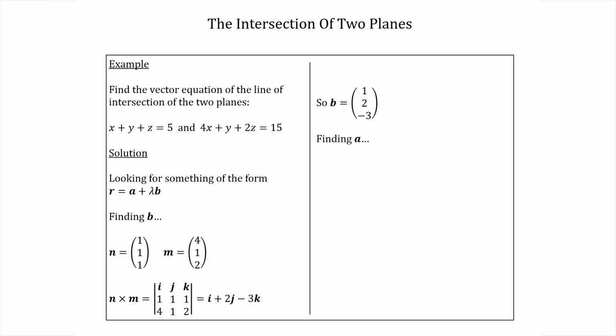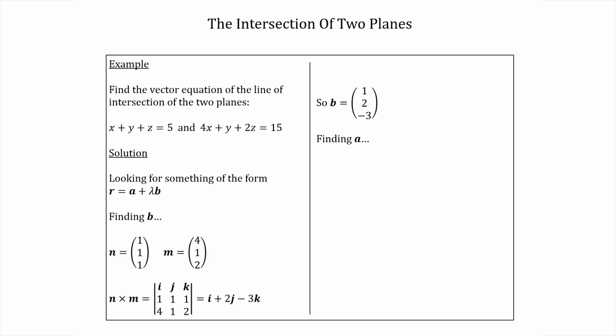Now let's find a. Remember, a is a vector from the origin to the line, so we just need to find a point on the line, and then we can use the vector of this point as a. Well, a point on the line would of course lie in both planes. So, we need to find a point x, y, z that satisfies both plane equations.